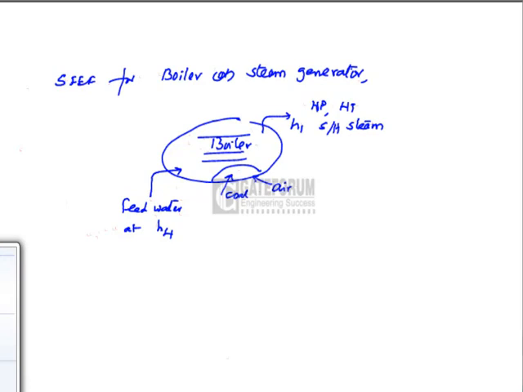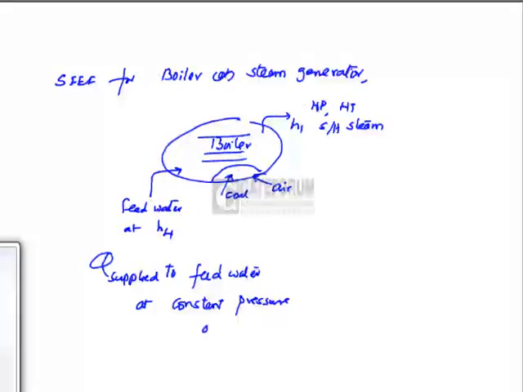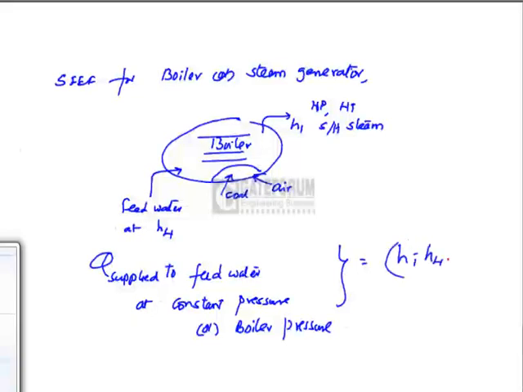Therefore, the heat supplied to feed water at constant pressure or boiler pressure is equal to H1 minus H4 kilojoule per kg.